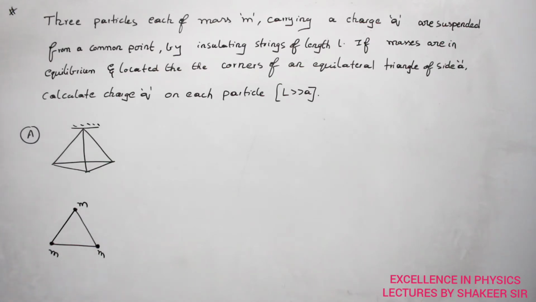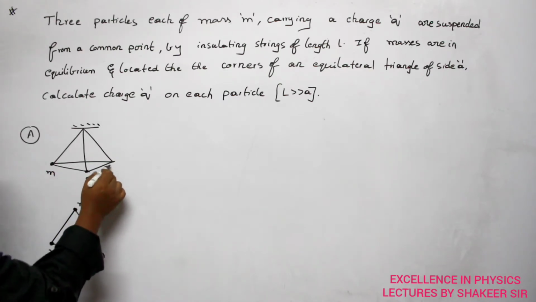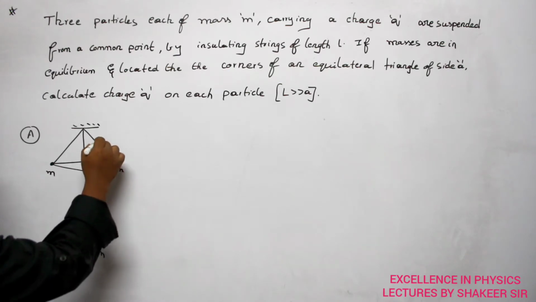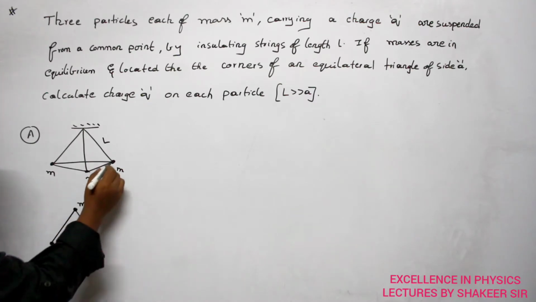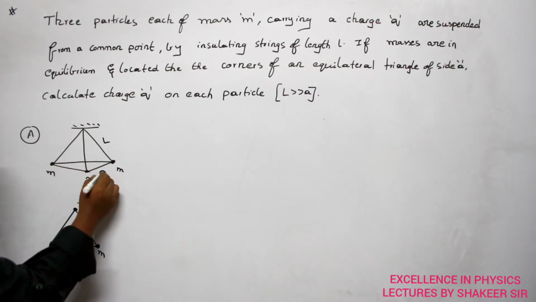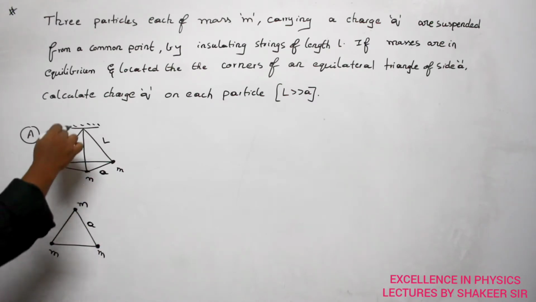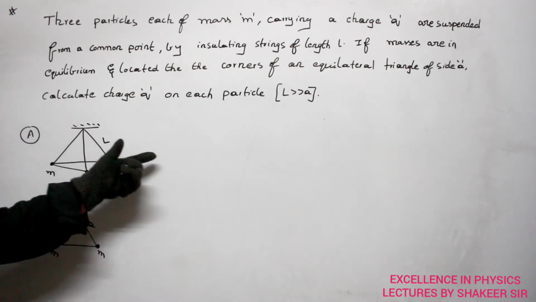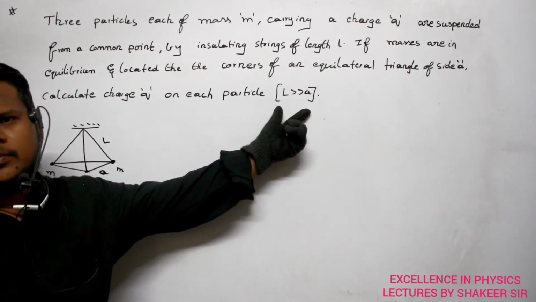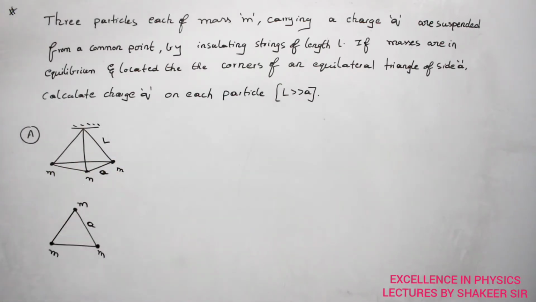Okay. So then what is the length of each string given? Masses are m, m and m, and the length of each string is L. It is also given that this equilateral triangle has a side of A. It means this side is equal to A, but the length of these strings is equal to L. And it is also given that L is much greater when compared to A. That is, when compared to the side of this triangle, the length of the string is very large.